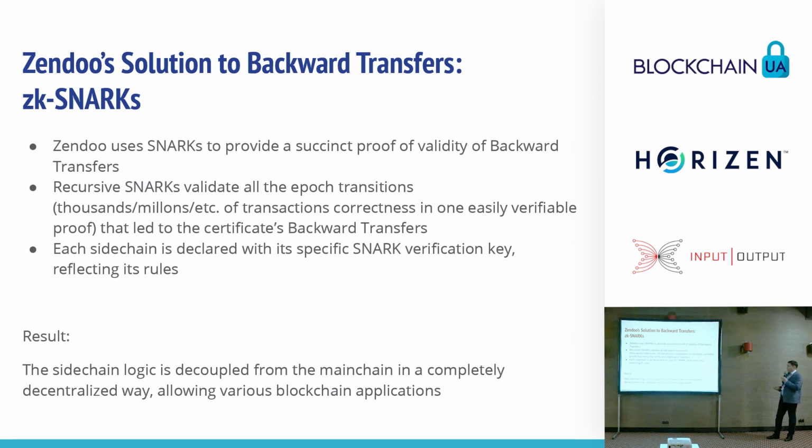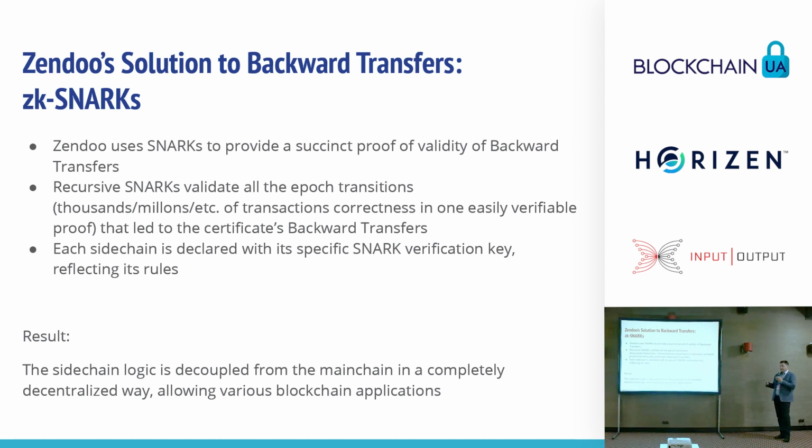We provide it using zk-SNARKs: succinct arguments of knowledge using zero knowledge protocols. So we provide succinct proofs, and with this SNARK we can very easily validate all transactions within the whole epoch. We have some state of the sidechain, we apply a transaction, and the state of the sidechain is changed.